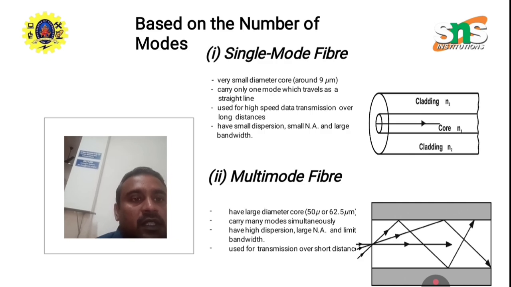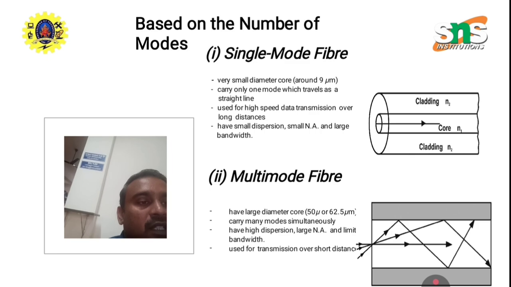Multi-mode fiber has a large diameter core compared to single mode, carrying a number of modes inside the fiber optic cable, with multiple lights or images passing through it, and is used for transmission over short distances. The first diagram shows only one light passing through the fiber optic cable, and the second shows multiple lights passing through the optical fiber under the condition of total internal reflection, which is the principle of fiber optic cable.